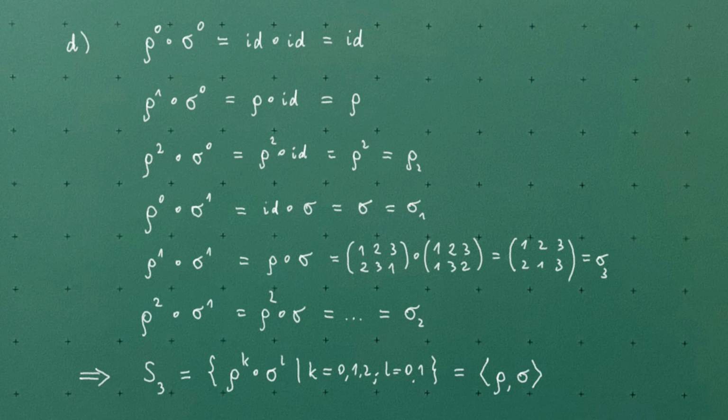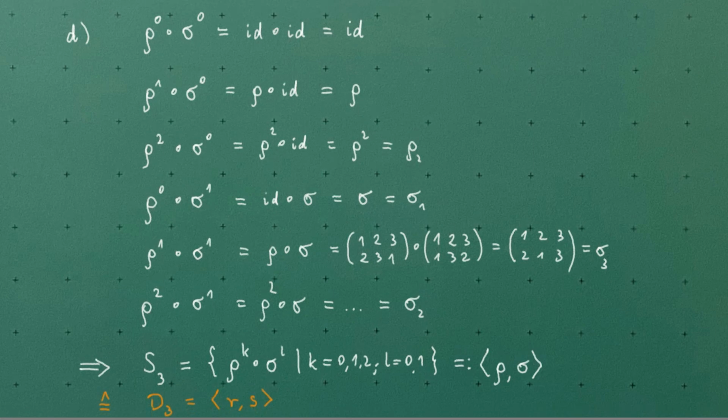Now a short notation for that is we call rho and sigma the generators of this group and write the group S3 is the bracket of rho and sigma, meaning exactly this here. You take all the powers of rho and compose it with all the powers of sigma, and then you end up with the whole group S sub 3.